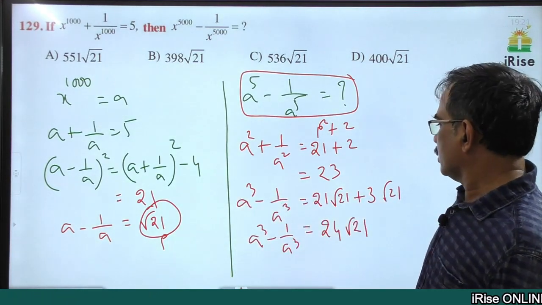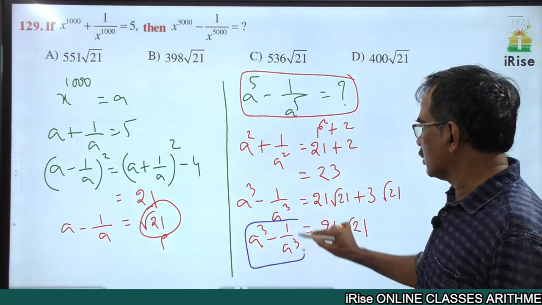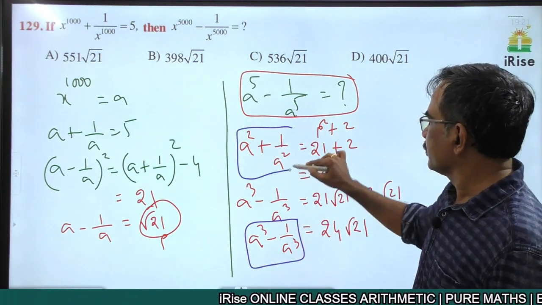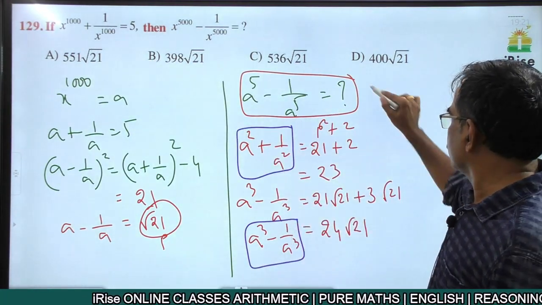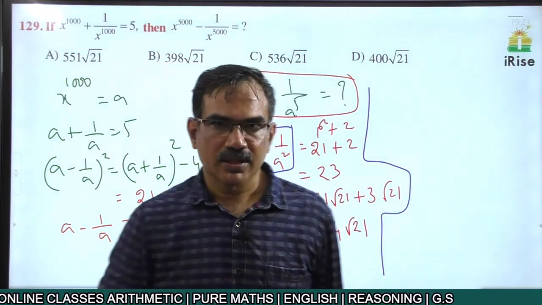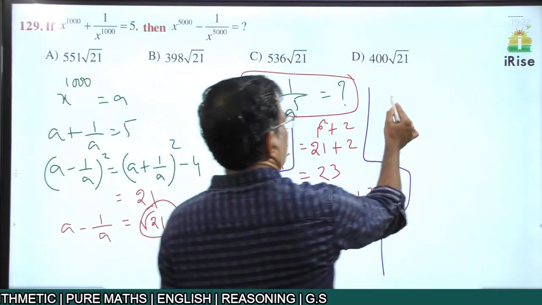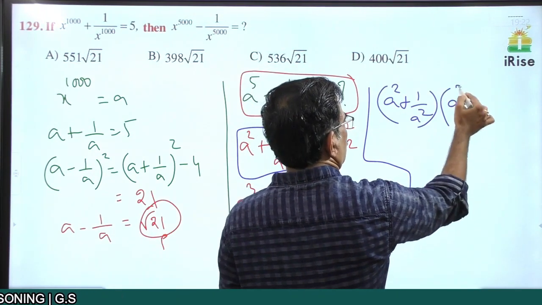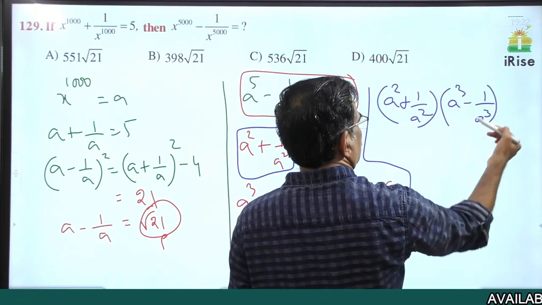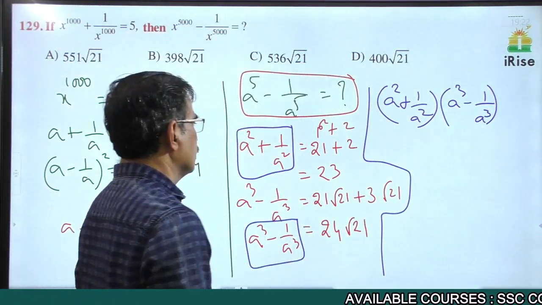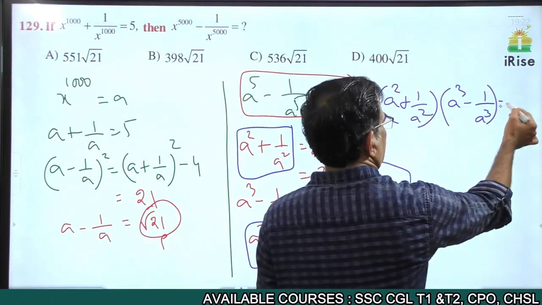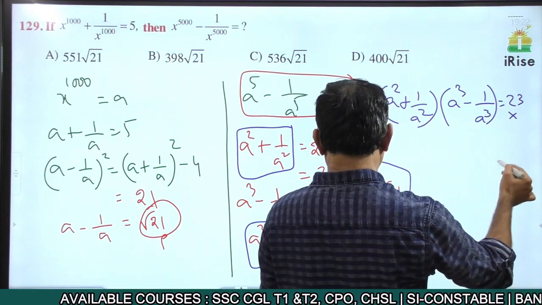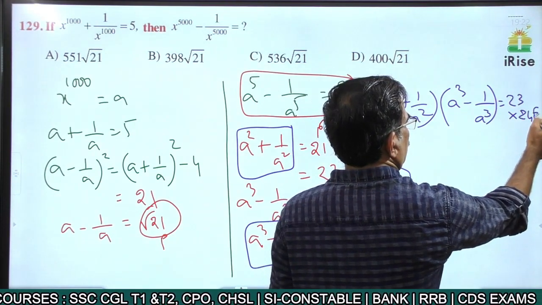Okay. See this one and this one. If we multiply these two, what happens? I want to multiply a square plus 1 by a square into a cube minus 1 by a cube, which is equal to 23 into 24 root 21.